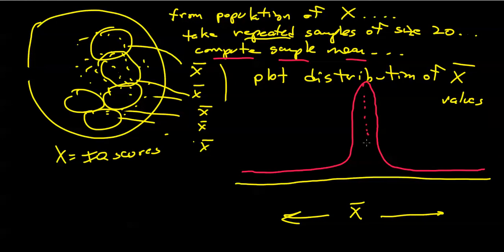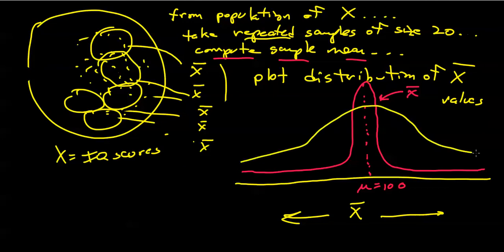So these X bar values will still peak at the population mean of 100, but with a much smaller standard deviation. I'm going to let the pink curve here represent the distribution of X bar values. So let me plot the X values on top of this; the original curve of X values might look something like this.